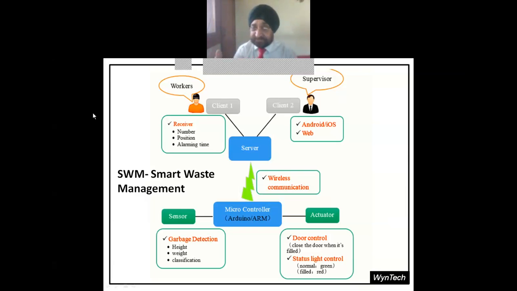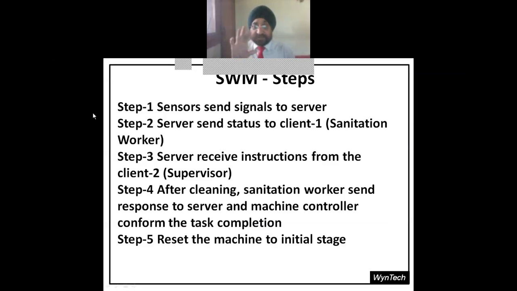So this is a system. Whatever I was explaining is mentioned in the next slide. I'll go to the next slide now. The sensor sends signal to the server. That's what I was telling you. The second step is server sends status to client one. Client one is a sanitation worker, the worker who is responsible to collect and clean the garbage, right?